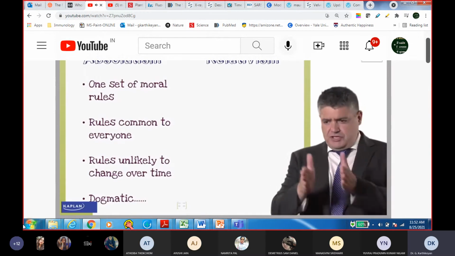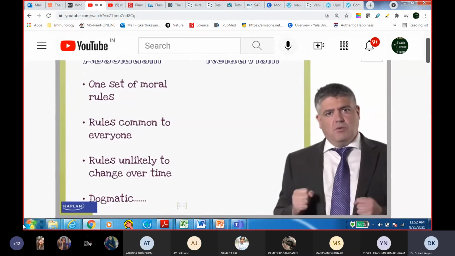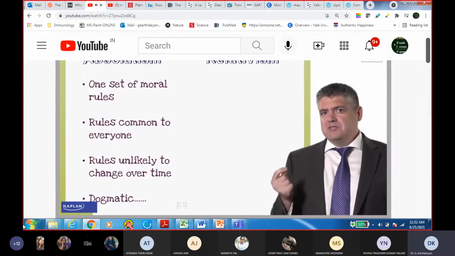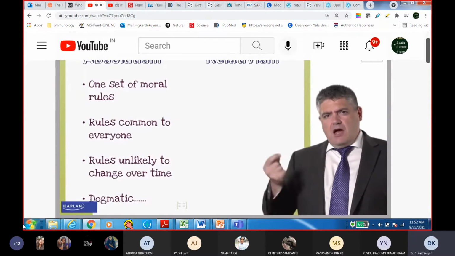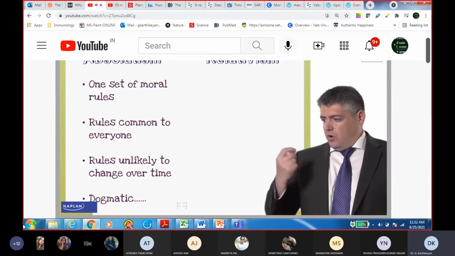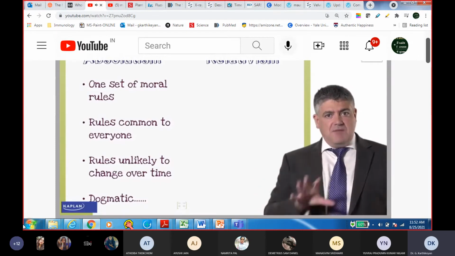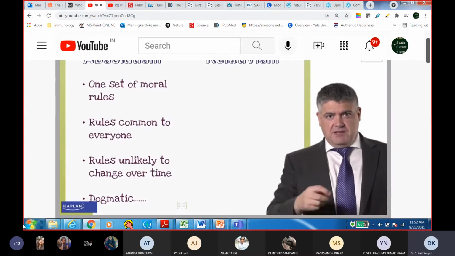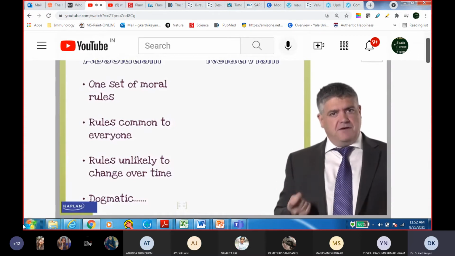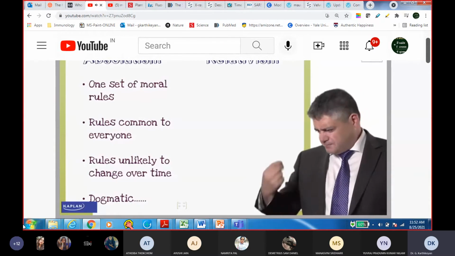I believe those rules shouldn't change over time, and I believe those rules should be common to all. That's an absolutist approach. I could use the word dogmatic to describe an absolutist. Now, hopefully there's nothing here that really is difficult to understand. Maybe the word absolutism is, but the actual explanation is very, very simple. I'll come back to that word dogmatic just in a moment.